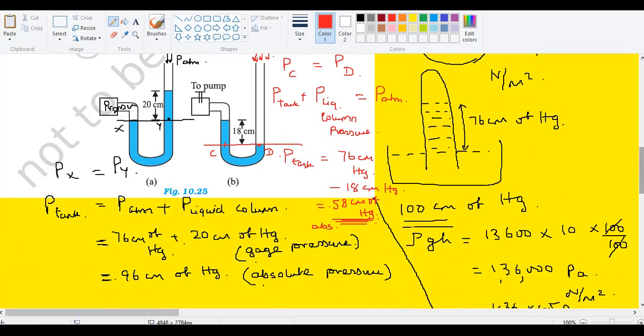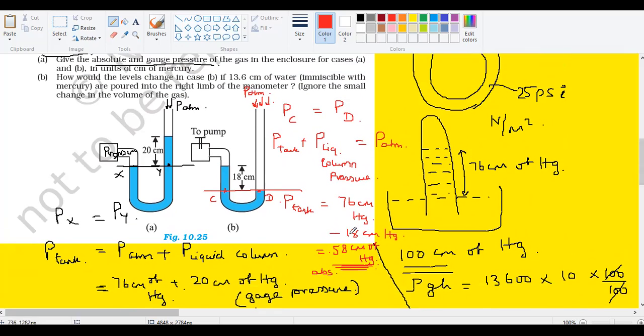The reason why it is confusing here is you thought it is plus here and here it is minus. The reason for that is here it's a vacuum pressure, because you are sucking the air out, which means the mercury is going upwards. Here it was pushed downwards, now it is rising up on this side. So earlier it was positive pressure, now it is negative pressure. So 18 centimeter of vacuum pressure.